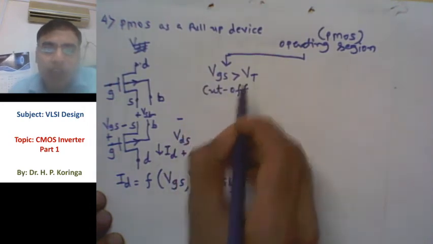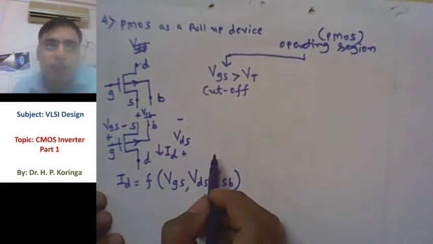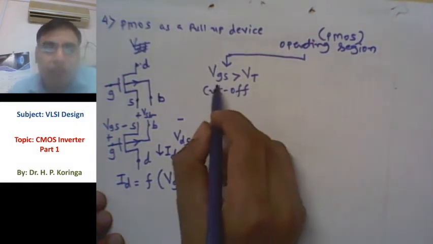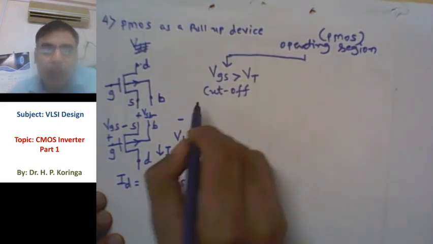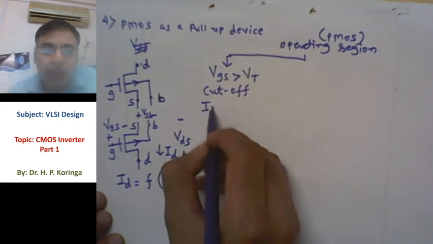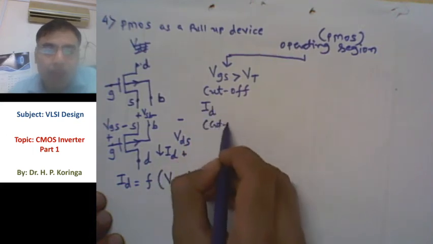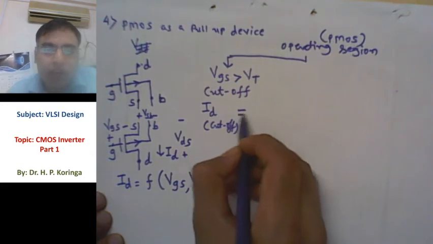So it is a reverse condition compared to the NMOS device. In a PMOS, whenever the gate to source voltage is greater than the threshold, it operates in cutoff. And in cutoff, the ID current of the PMOS is zero.